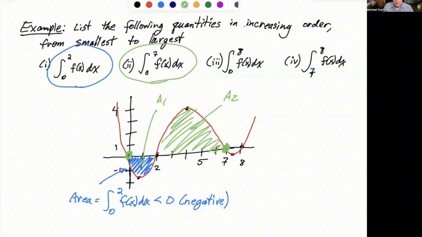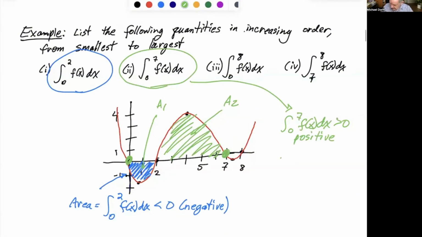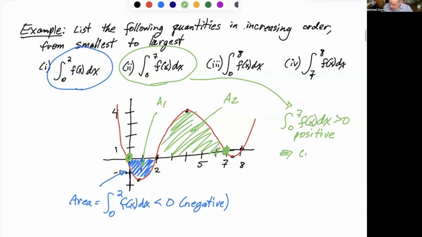So the fact that area 2 is much larger in total area than area 1, we can tell that the integral from 0 to 7 of f of x dx is going to be positive. And so number 1 is smaller than number 2.